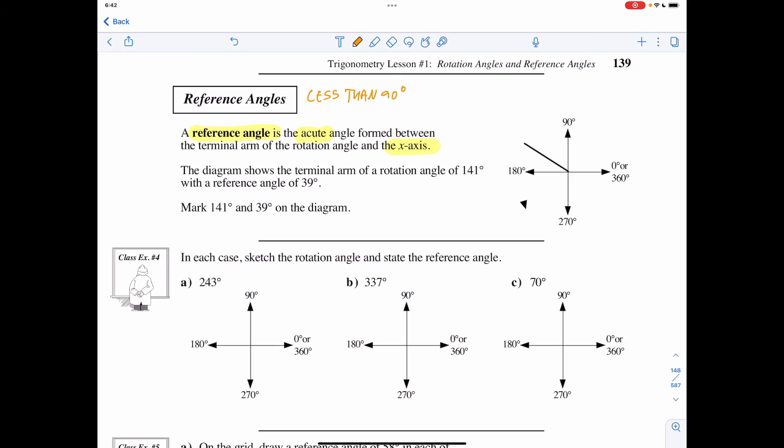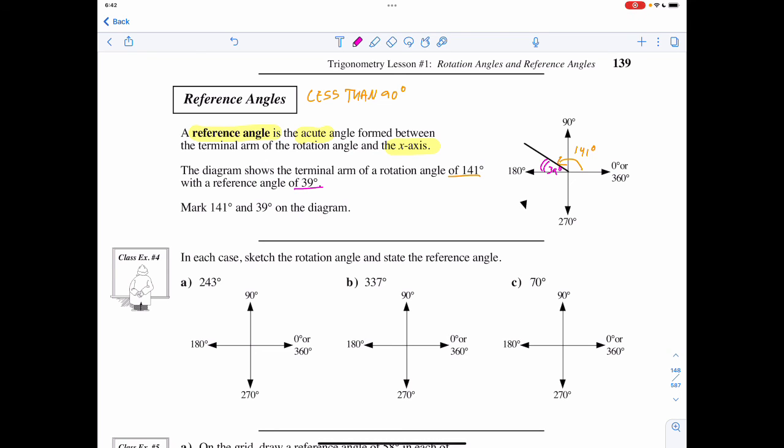So it says that the diagram shows the terminal arm of rotation of 141 degrees. There's my angle in standard position. It says that I have a reference angle of 39 degrees. Here's the closest x-axis.